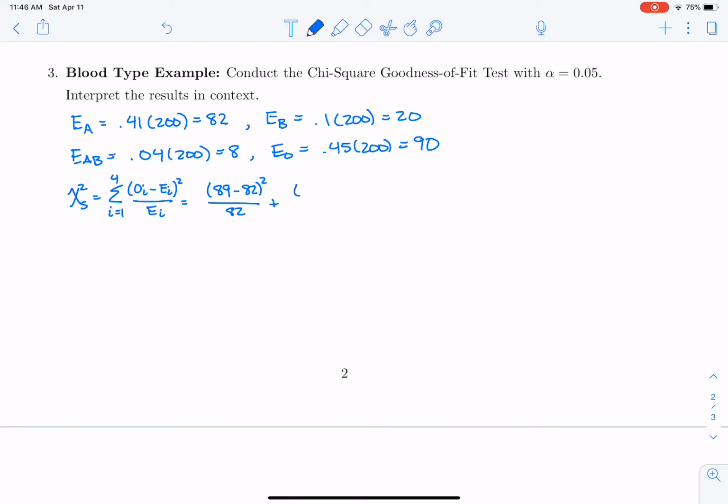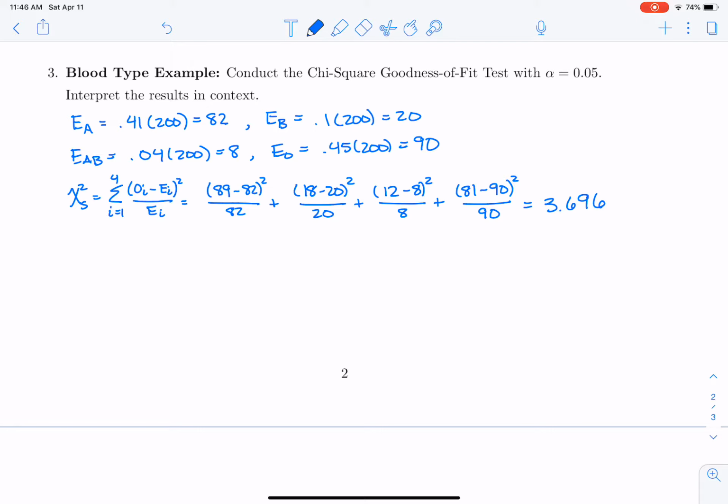And then for type B blood, we had 18 observations, but 20 were expected, and we're going to divide that by 20. Then for type AB blood, we ended up having 12 observations. 8 were expected, so we square that and divide by 8. And then finally for O blood, we had 81 observations. 90 were expected. We're going to square that and divide by 90. Our total, when we sum all this up, becomes 3.696.